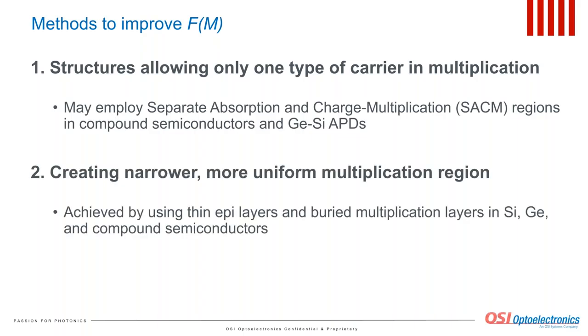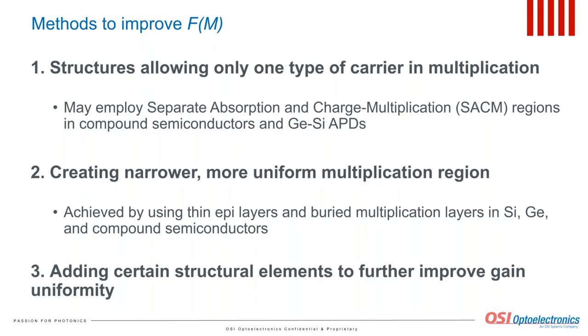The other option is creating a narrower, more uniform multiplication region. This could be achieved by using thin epi layers and buried multiplication layers in silicon, germanium, and compound semiconductors. Adding certain critical elements will further improve the gain uniformity. Let's consider a few examples.